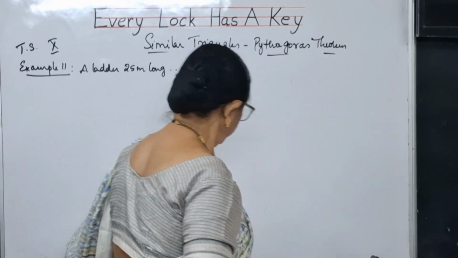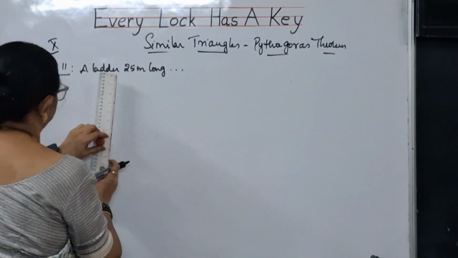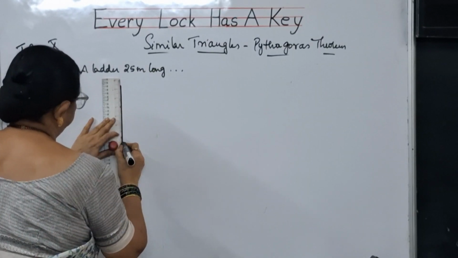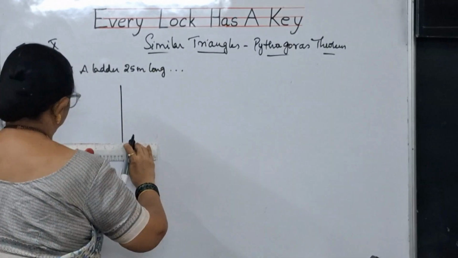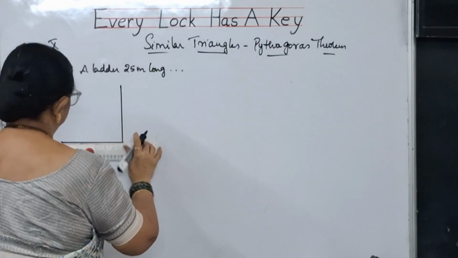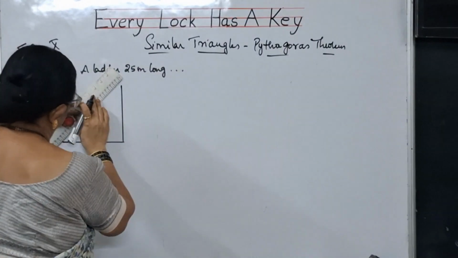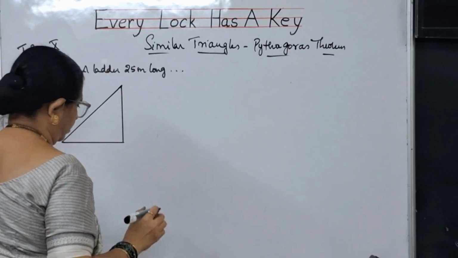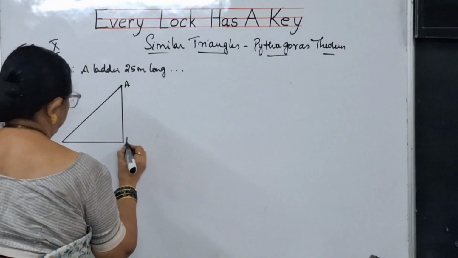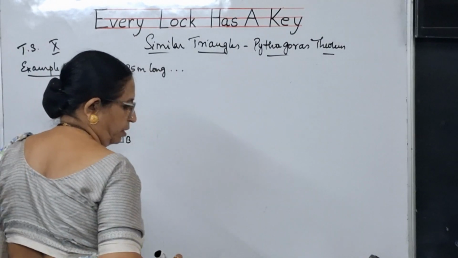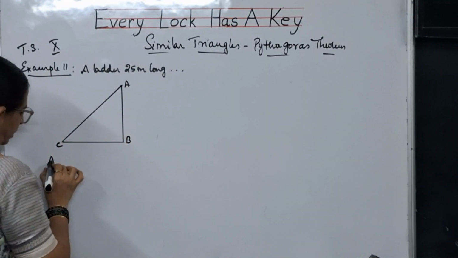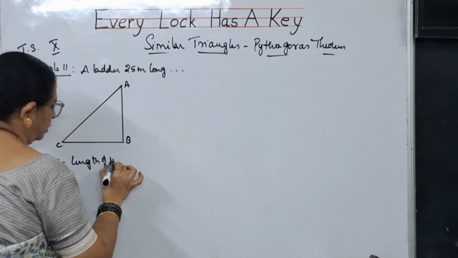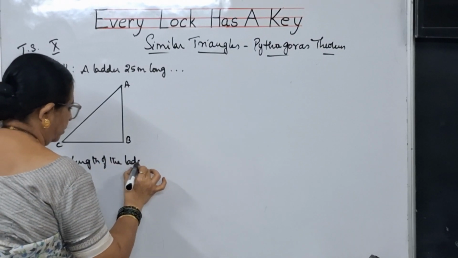So let me take it always: the building, the window will be perpendicular to the base. So let me take the diagram like this. A, B, C. Now, what is AC? AC is the length of the ladder.